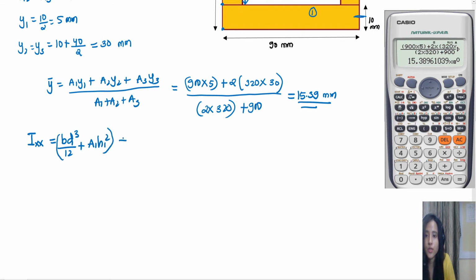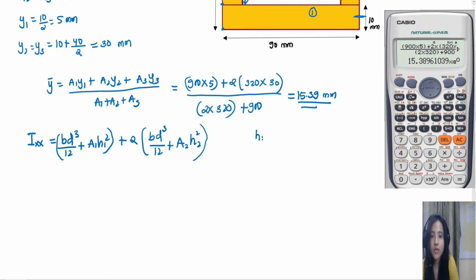And for 2 and 3 we can multiply by 2, since all the dimensions are the same: bd cube by 12 plus area 2 and area 3 into h2 and h3, all of them will be the same, so I'm multiplying it with 2. Here h1 will be equal to y bar minus y1, and h2 will be equal to h3, equal to y bar minus y2, and this y2 can also be y3. So I get the same value.